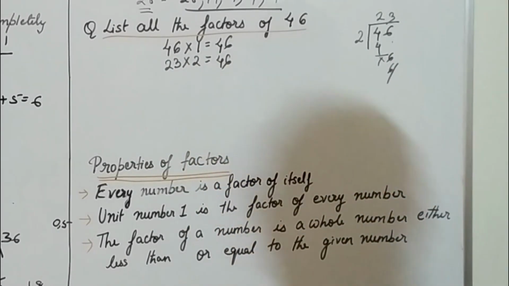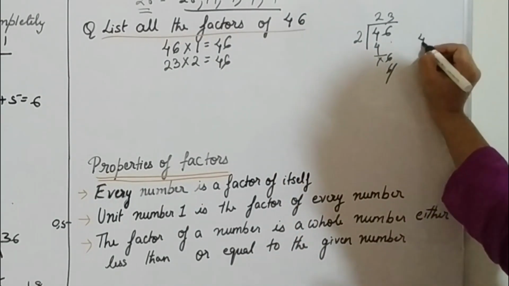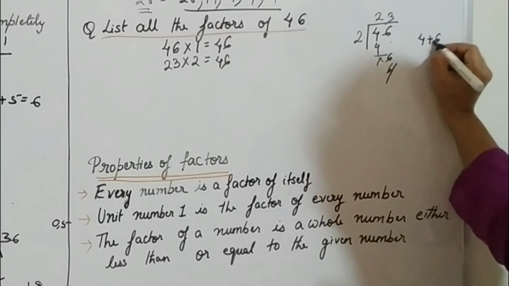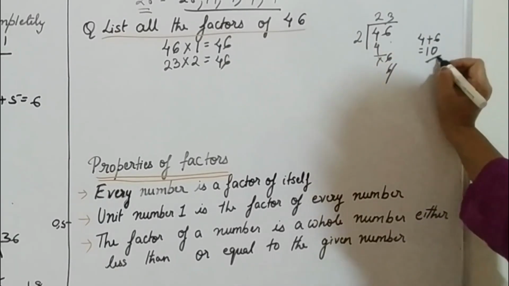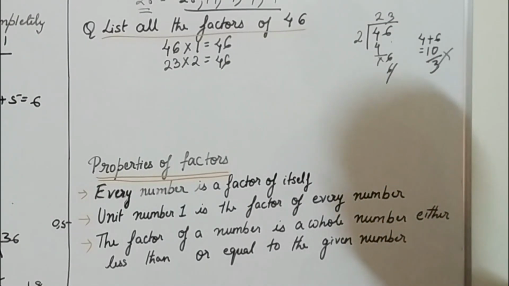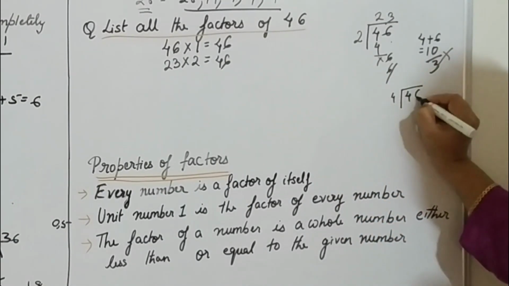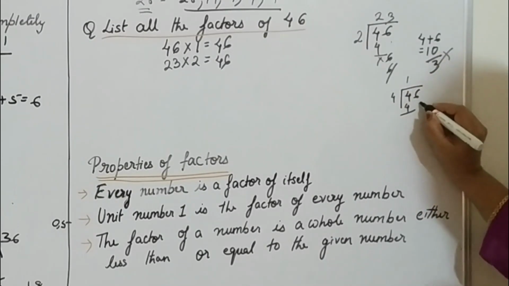Now next is 3. You will see whether it is divided by 3. No, it will not be divided by 3 because 4 plus 6 is equal to 10 and 10 cannot be divided by 3. So we will see whether it is divided by 4. 4 ones are 4, but here 6 is coming.